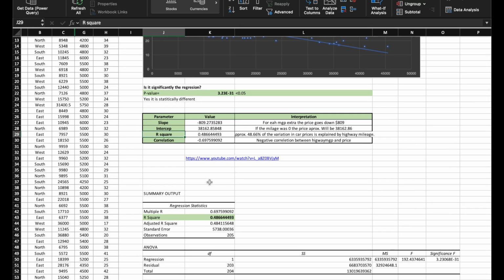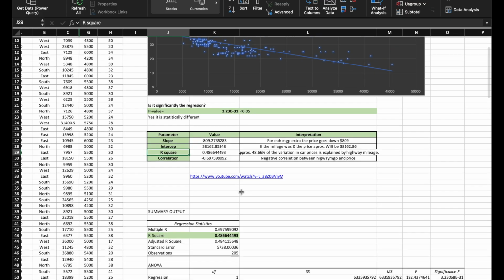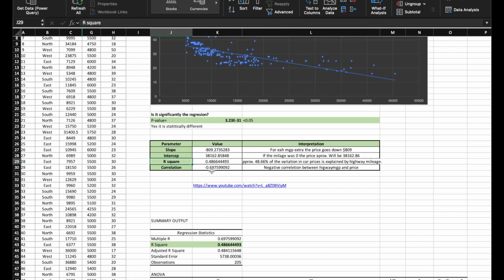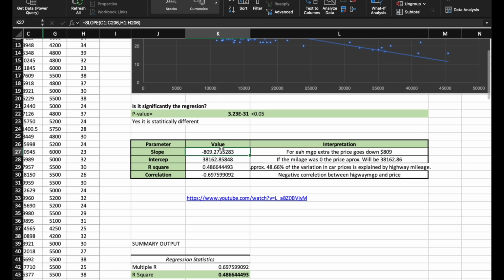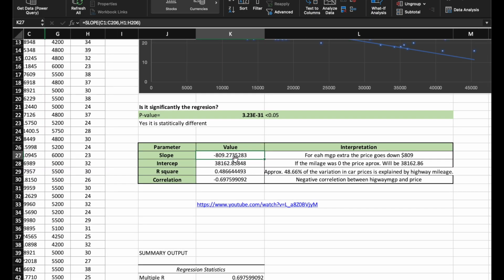And what do these numbers mean? These numbers say that the 0.49 R-square means highway mileage explains about 49% of the price variation, and the slope that is negative $890 basically means that for each extra mile per gallon, the price drops by about $890.